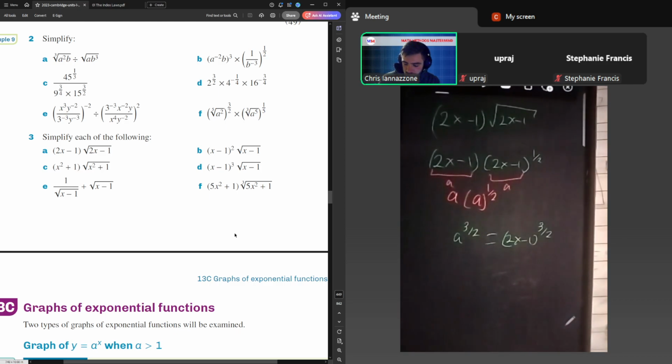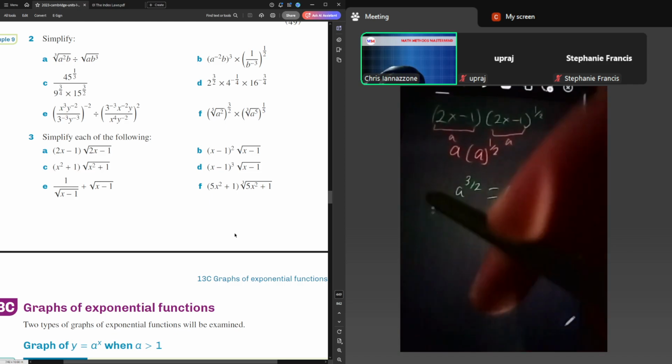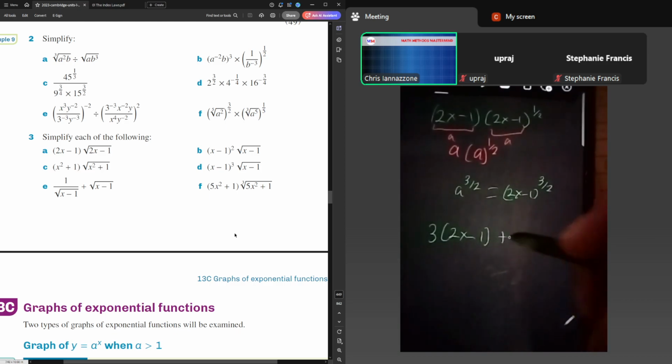So I wouldn't actually go out of my way to write a in both of them, because chances are, if you're doing that, you already know there's a common factor, so you're just writing another line for no reason. That's more so me just showing you that these are the same. It's kind of like how grouping is taught, the factorizing method of grouping, where you have, say, 3 lots of 2x minus 1, plus 6 lots of 2x minus 1.